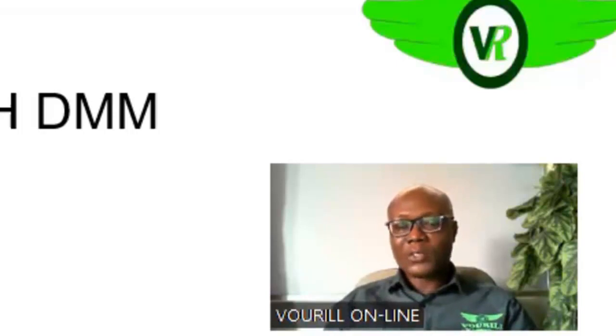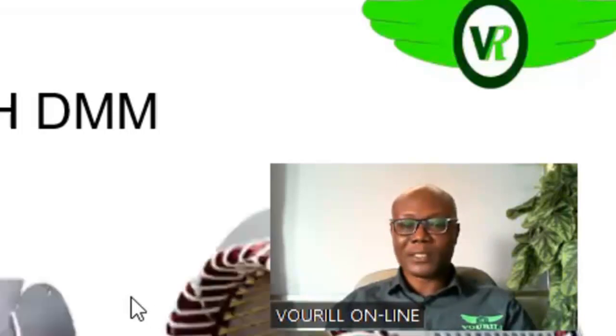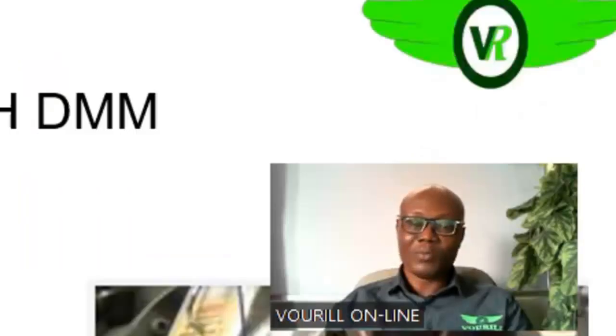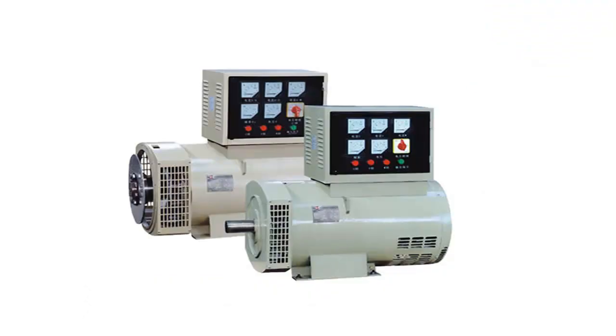So now, the generator basically is made up of two major parts. We have the armature winding and the field winding. When we say the generator, we are talking of the alternator section of the complete machine. That is the part that produces the electricity.